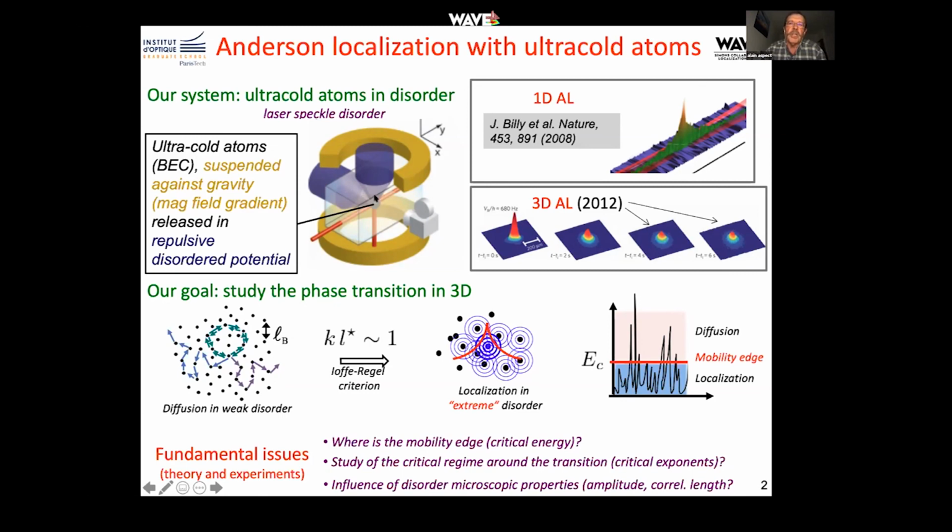The cross-section of an atom at resonance is of the order of the square of the wavelength, that is to say, 1 square micron. So an atom at resonance absorbs like crazy.